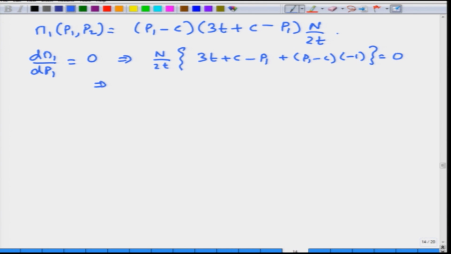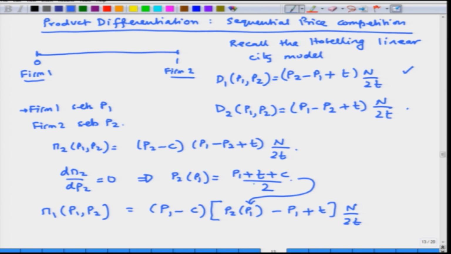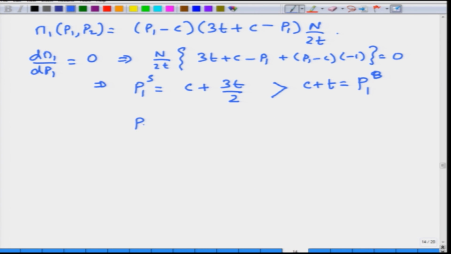So, essentially this gives us the Stackelberg price P1s as (C plus 3T) divided by 2, which is greater than C plus T, the price that we got when the firms were simultaneous in the Bertrand model with product differentiation. If I substitute this P1s into firm 2's best response function, we find that P2s turns out to be (C plus 5T) divided by 4. This is also greater than C plus T that we got under the Bertrand model with product differentiation.